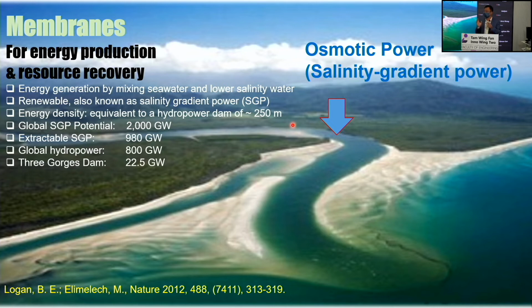Now, if we can find a method to convert this energy into electricity or some other useful form of energy, then the potential can be huge. Here you can see the global potential for salinity gradient power. We're talking about a potential that can be larger than the global hydropower production.